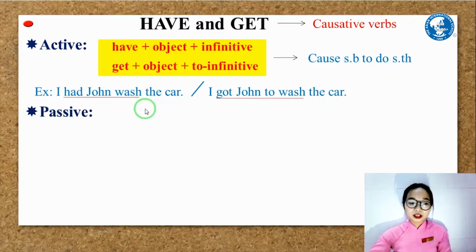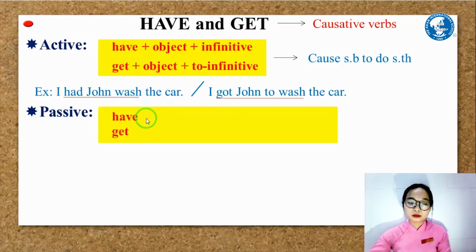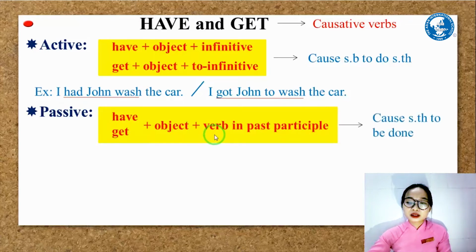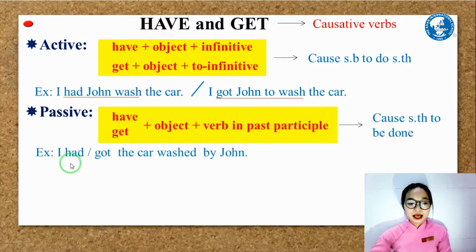However, in passive voice, both have and get have the same structure, which is have or get with object and verb in past participle form. And this means cause something to be done. For example, I had the car washed by Tran, or I got the car washed by Tran.